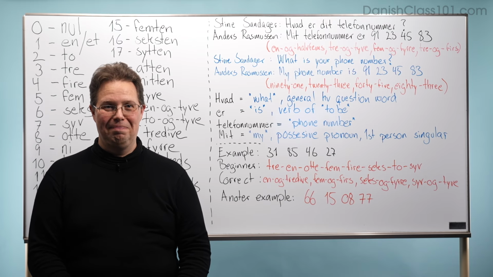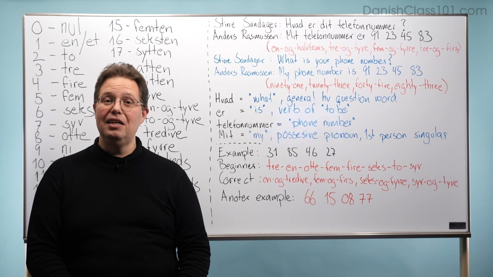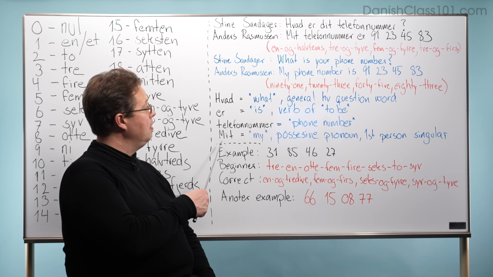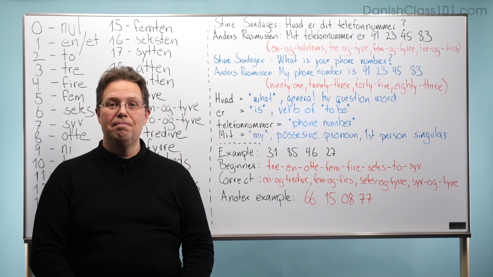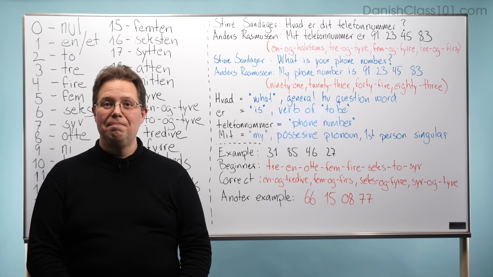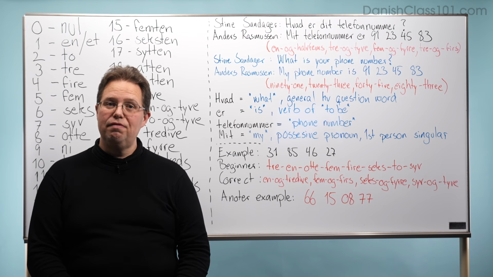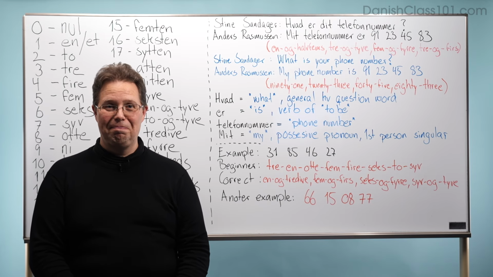This is the standard noun for phone number in Danish. And finally, we have mit, my. Mit is a possessive of my in first person singular in Danish.